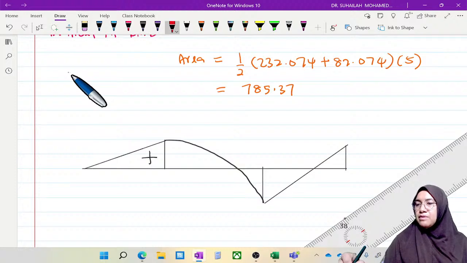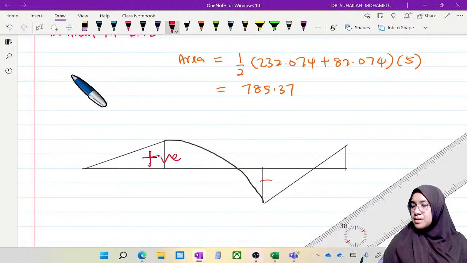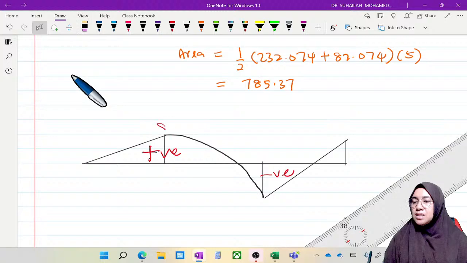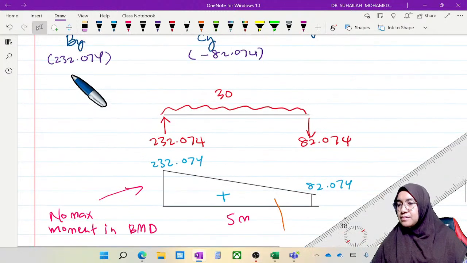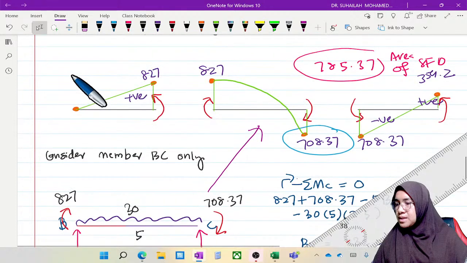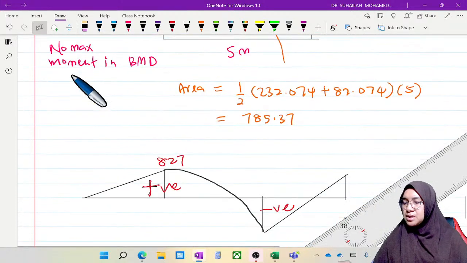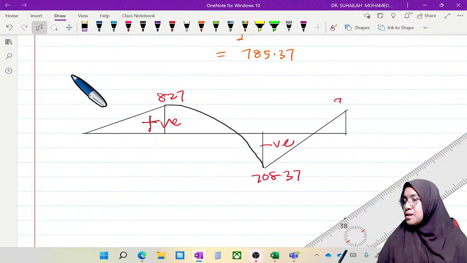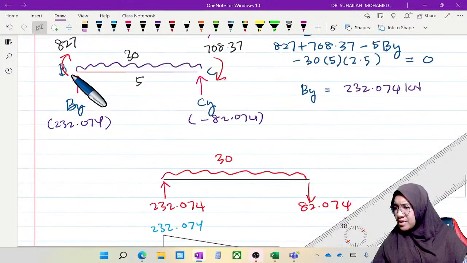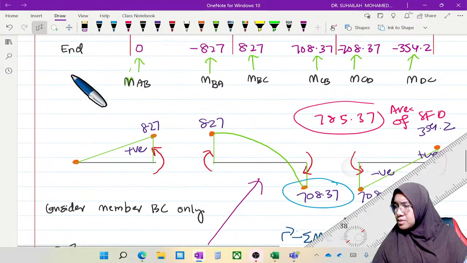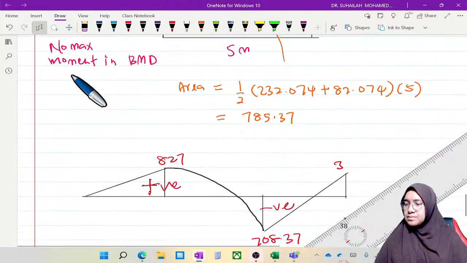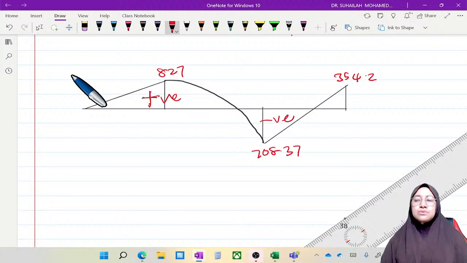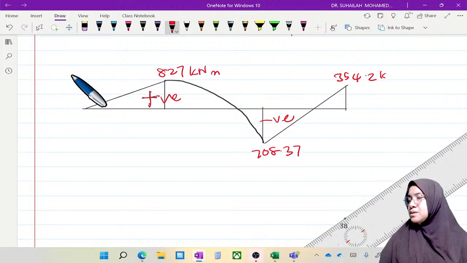Okay, this is positive, this is negative. The value is 827 here, and 708.37, and 354.2 kilonewton meter.